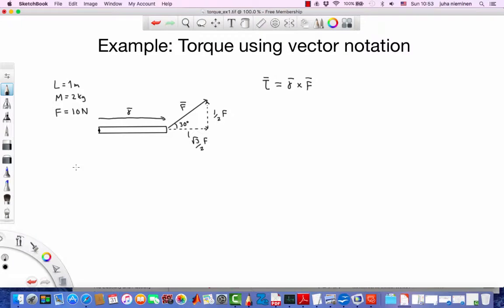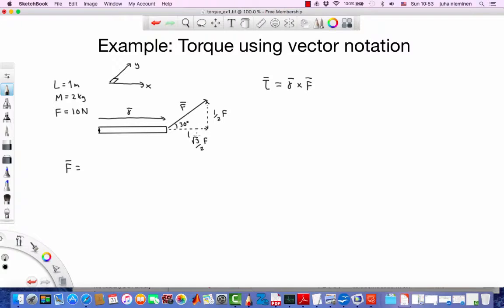In this manner, we have the following vectors. Let's have our x coordinate system as follows. x is along the length of the rod, and then y is perpendicular to it, like this.